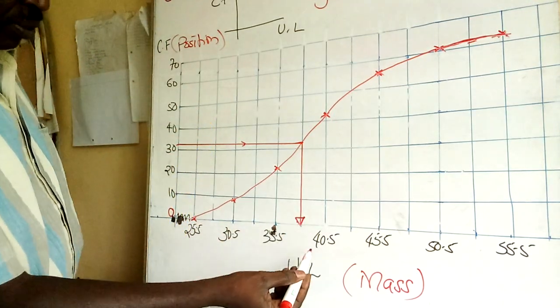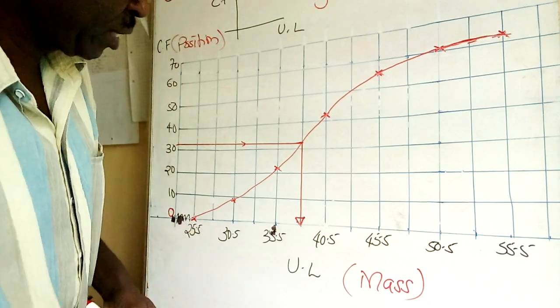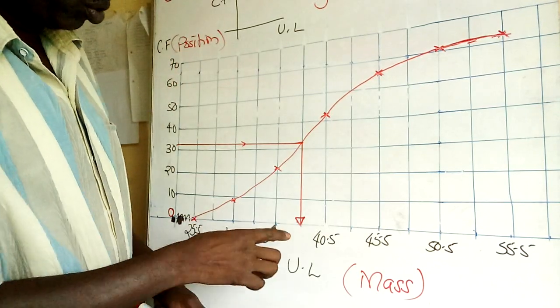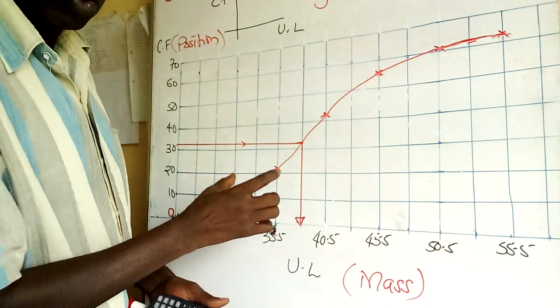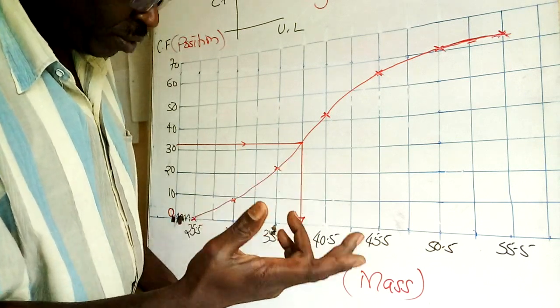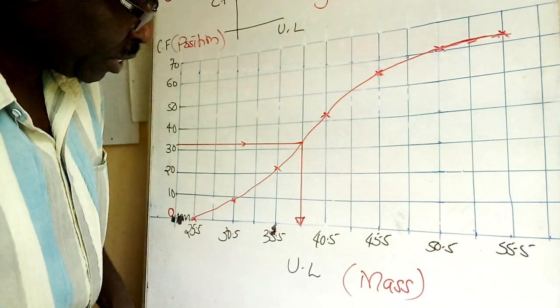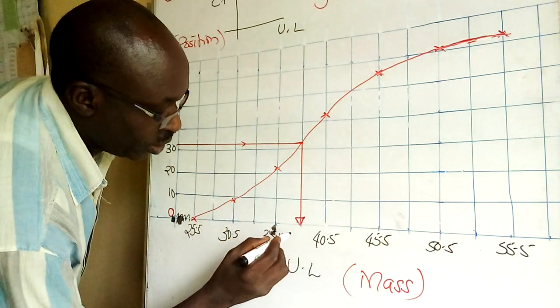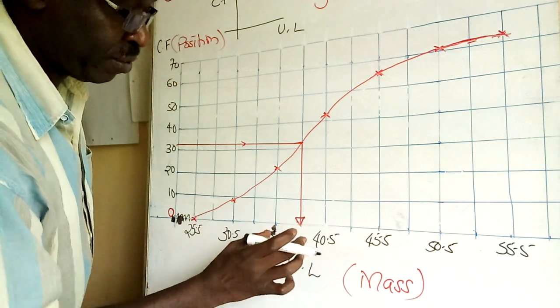So what is it? That is the middle. So it is this plus this divided by 2. Alternatively, the gap here is 10. 10 divided by 2 is 5. So 5 plus this, this is 5, not 10.